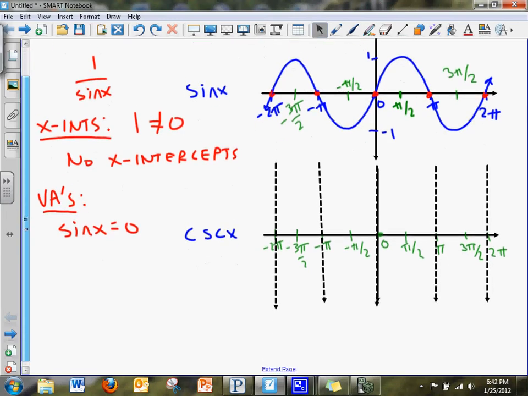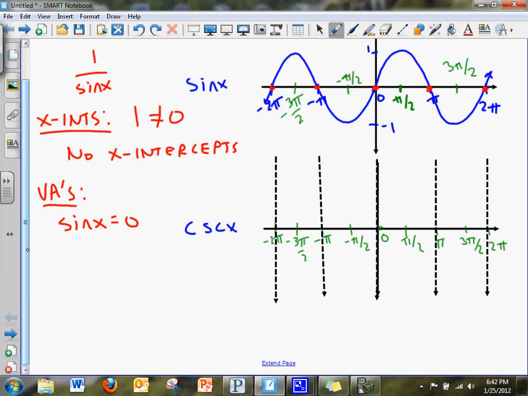Oh, what else we can tell from this is that if cosecant of x is equal to 1 over sine of x, then when sine of x is equal to 1, 1 divided by 1 is 1.